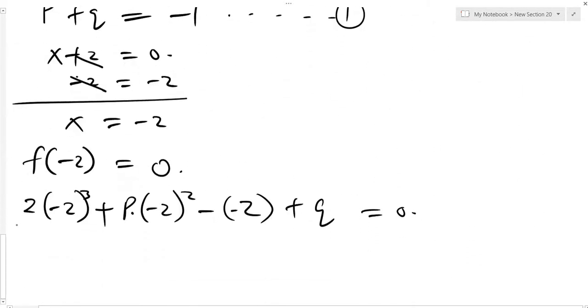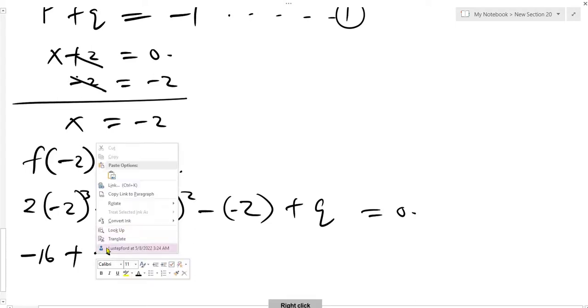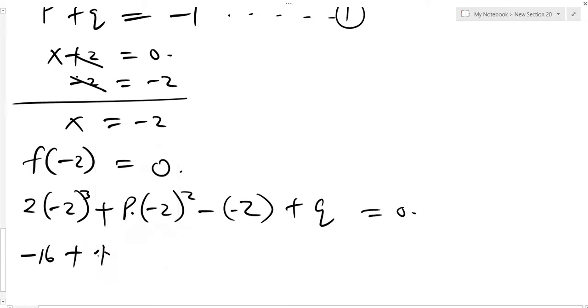So wherever we see x, we replace it with minus 2. Now we have minus 2 cubed is minus 8. So minus 8 times 2 will give you minus 16 plus minus 2 squared is 4. 4 times p will be 4p. Then minus times minus 2 will give you plus 2 plus q equal to 0.